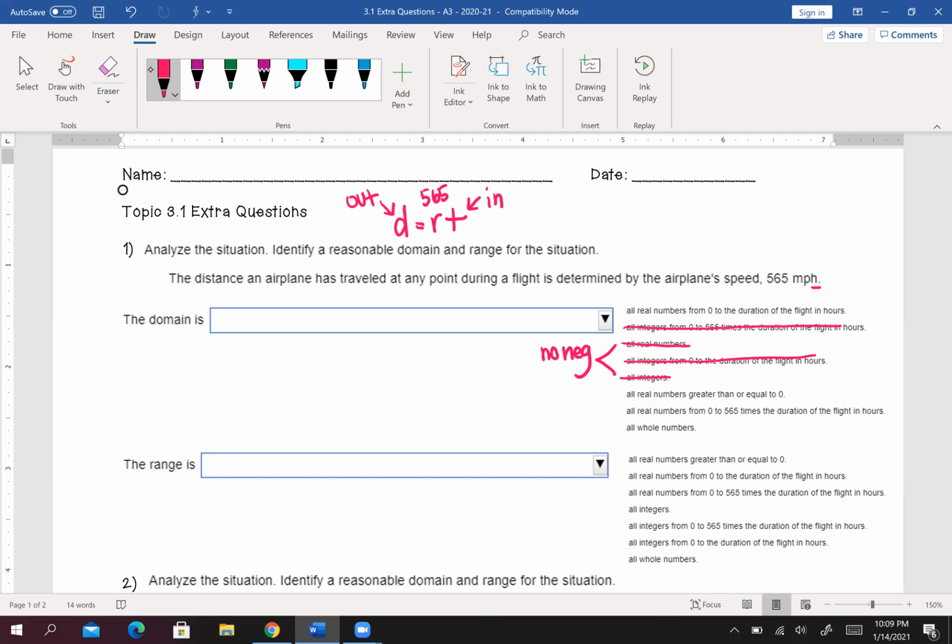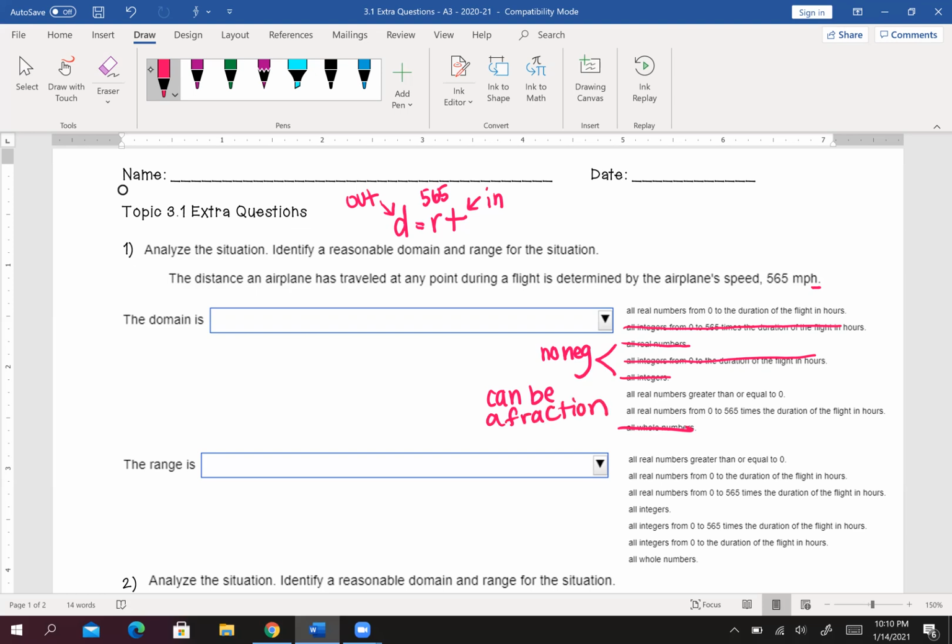That's taking care of some fractions. All real numbers from 0 to 565 times the, that's okay so far. And all whole numbers also we can get rid of because all whole numbers are just 0, 1, 2, no fractions. Okay, so the first thing we took care of was getting rid of things that involved negative numbers. Now we're getting rid of the things that don't have fractions, because it can be a fraction.